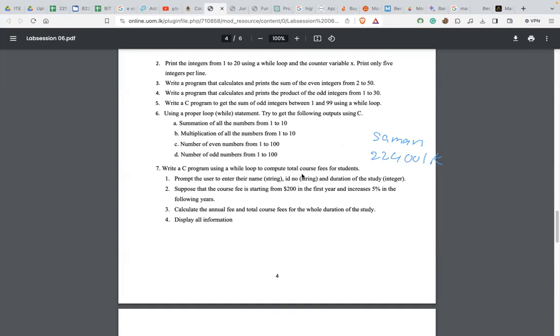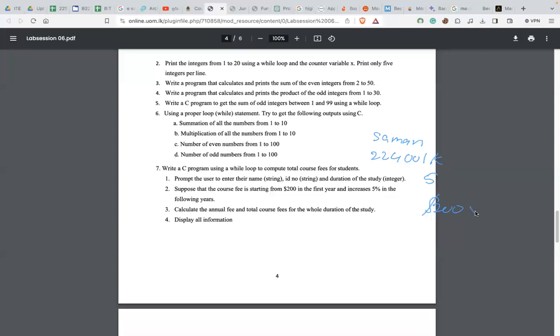However, it asks for the ID number and the duration of the study. Let's say the duration is 5 years. Suppose that the course fee starts from $200.